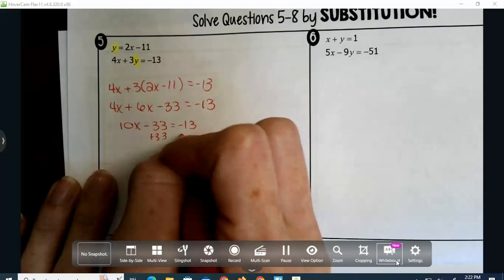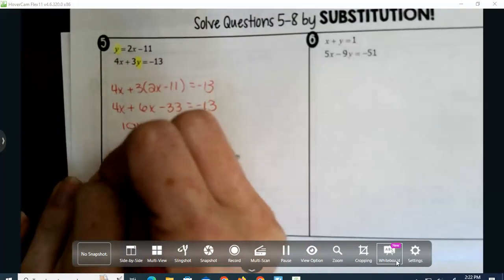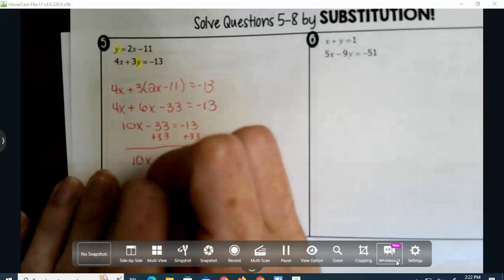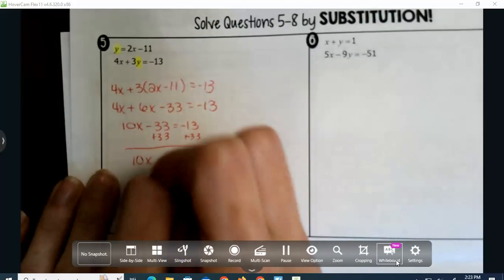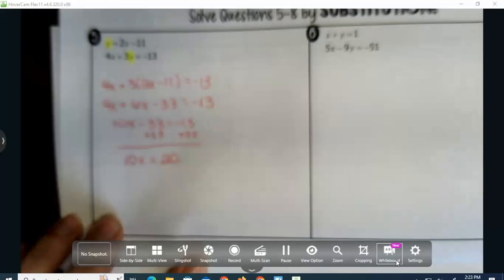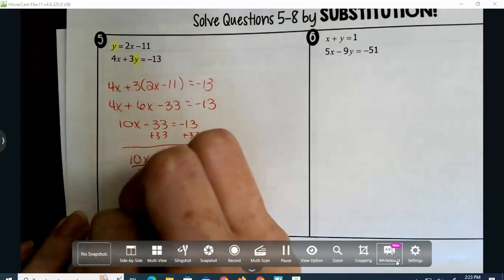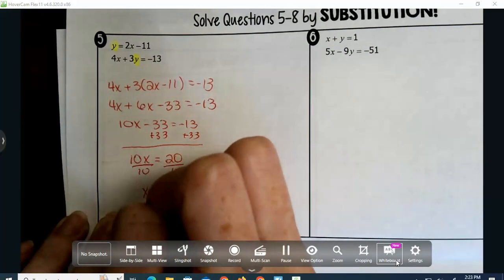Add the 33. Ten x equals 20, divide by 10, and x is 2.